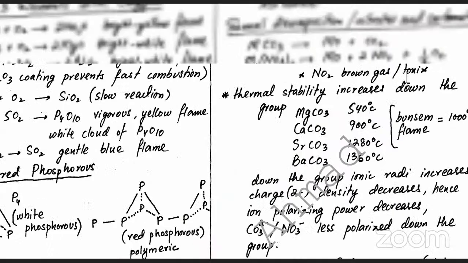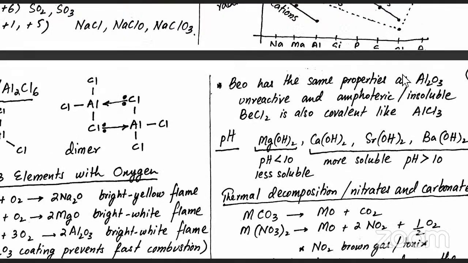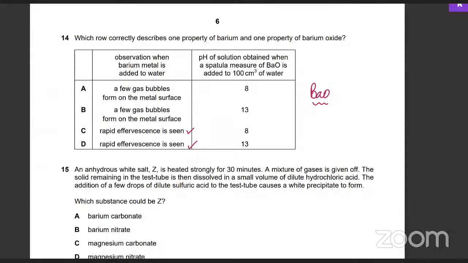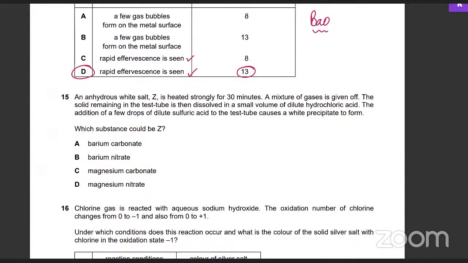The solubility of the oxides and hydroxides, they become more soluble. So barium hydroxide is going to have a very, very high pH because it's going to be extremely alkaline. So what will the pH be? That's going to be 13. So D. Okay.